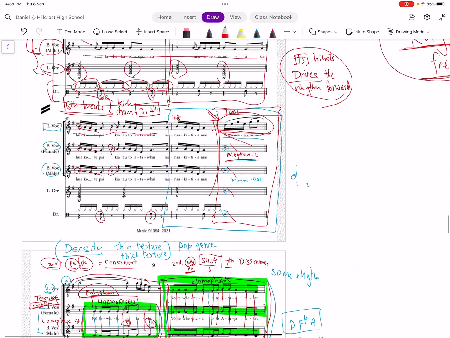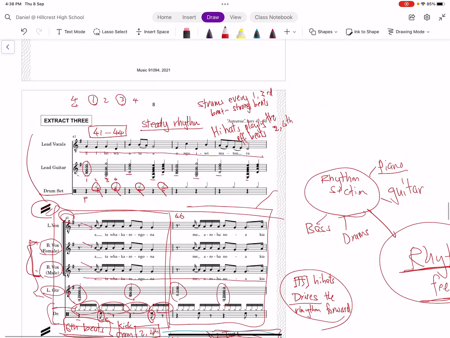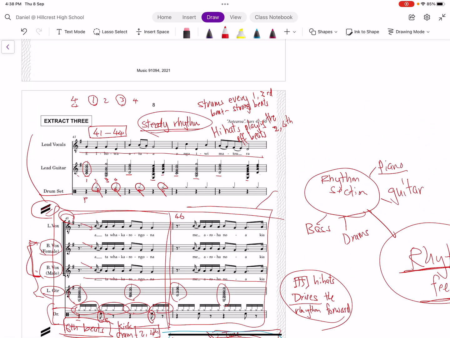Whereas previously, it has steady rhythm, right?